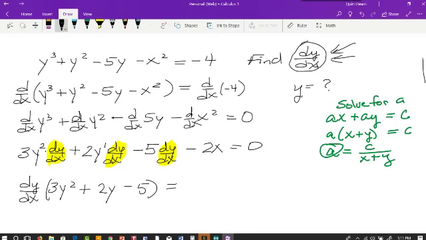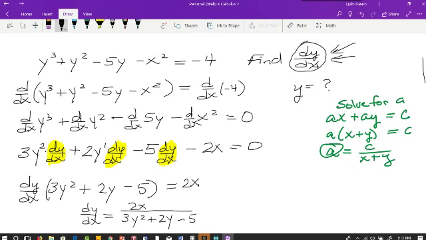Actually, let's go ahead and add the 2x over to the other side, so we get equals 2x. Okay? And so now we know that dividing by this polynomial, dy dx, our derivative, our slope of this relation, is going to be 2x over 3y squared plus 2y minus 5.